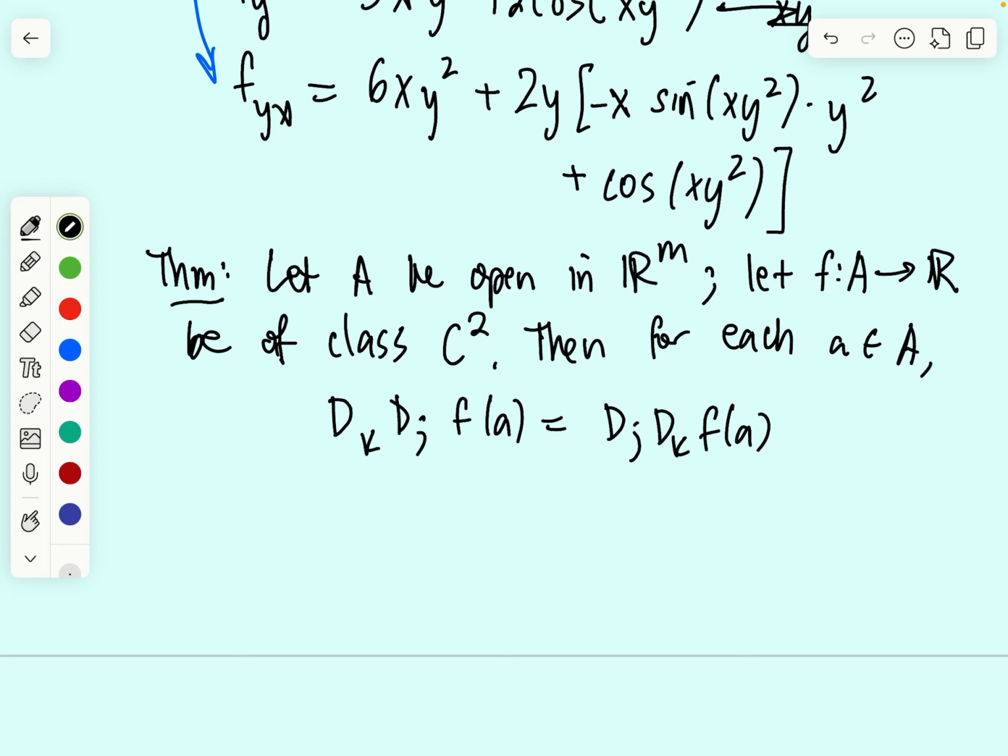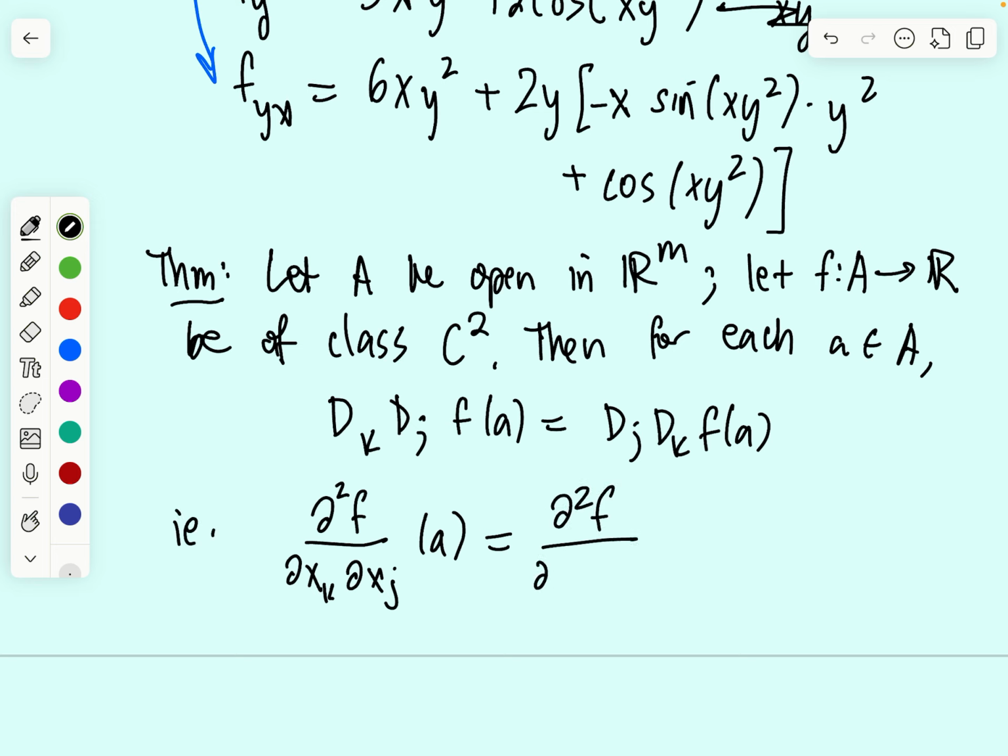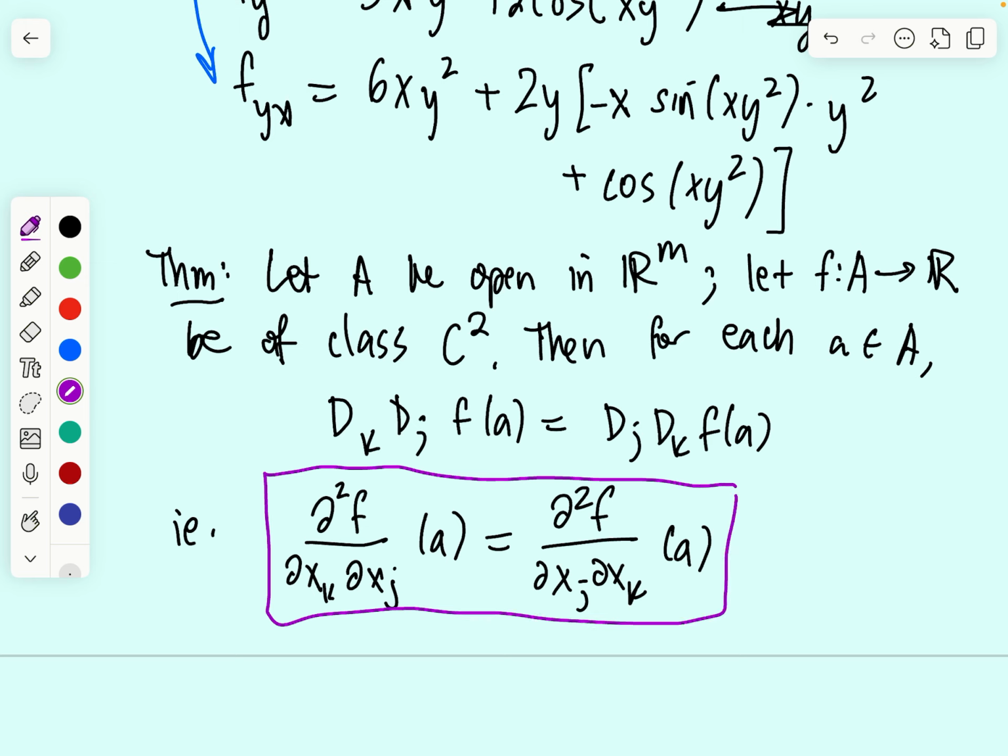And typically the way it's written, in a multivariable calculus book, it might be written like, dxk dxj of a equals this. So that's the way I wrote it, and it's how it's written in a lot of multivariable calculus books, right?